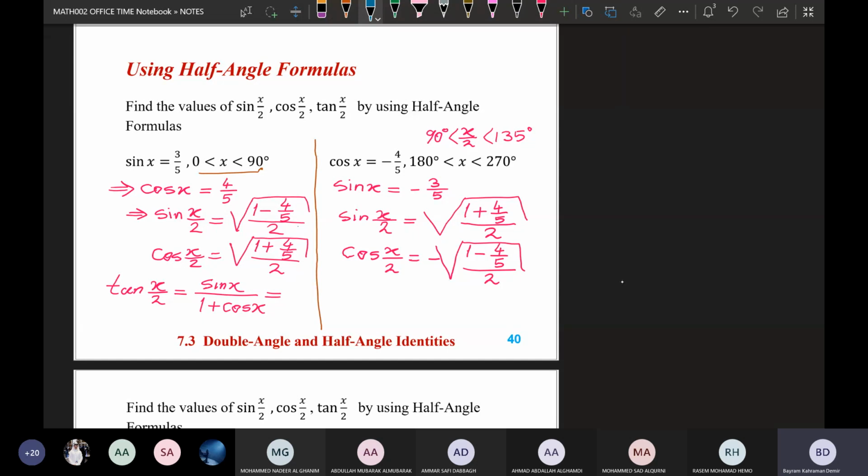Cosine x is 4 over 5 again, so it is 1 plus 4 over 5 over 2. Simplifying the calculation, I left it to you, Shabab. Tangent of x over 2, how can I calculate? Well, I know the sine x and the cosine x. So with this easy formula, sine x divided by 1 plus cosine x will give you the tangent of x over 2, Shabab.